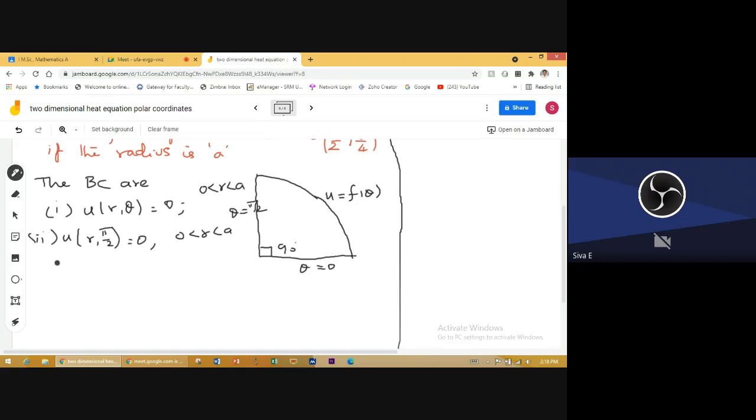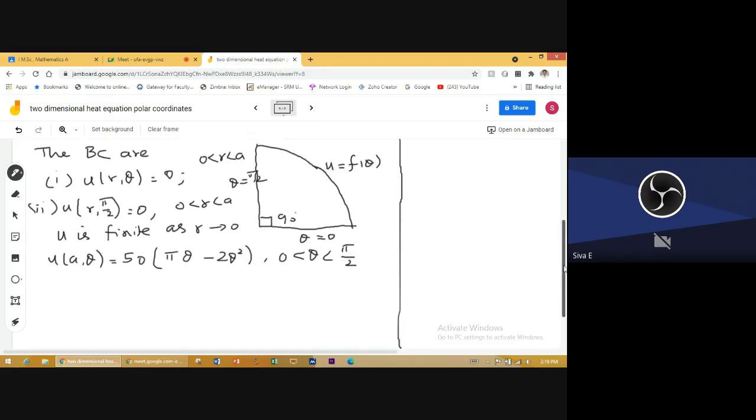Third one is u is finite as r tends to 0. And u of a comma theta equal to 15 into (pi theta minus 2 theta square), where 0 less than theta less than pi by 2. So these are the boundary conditions.